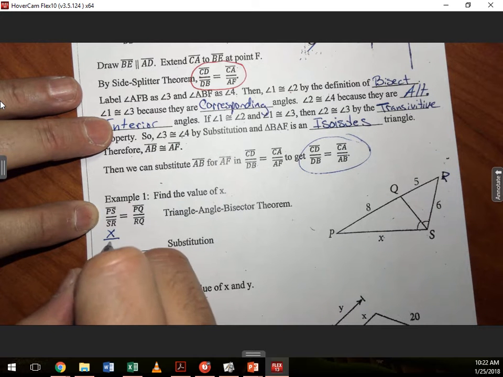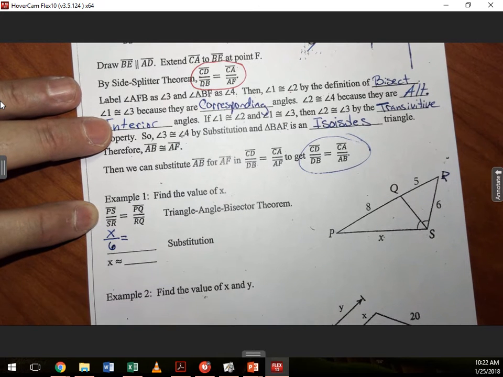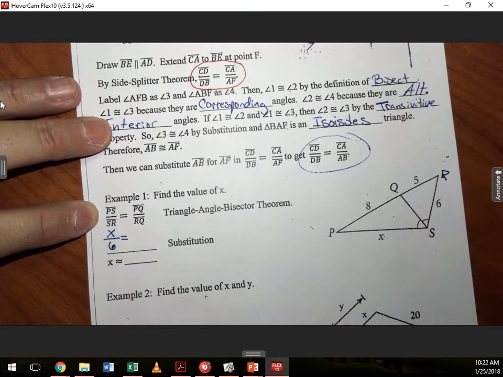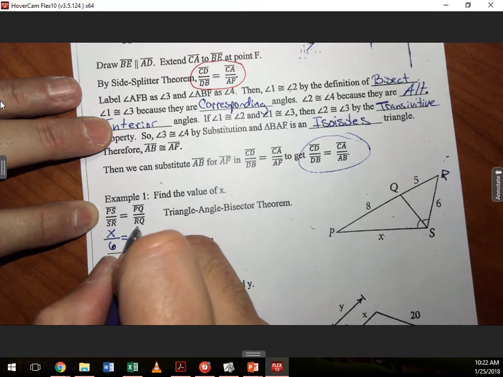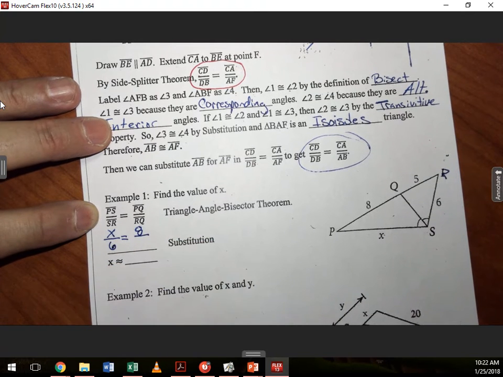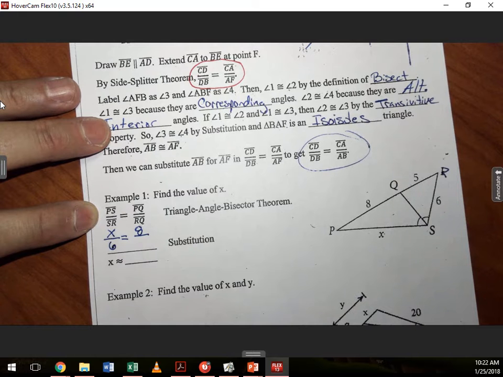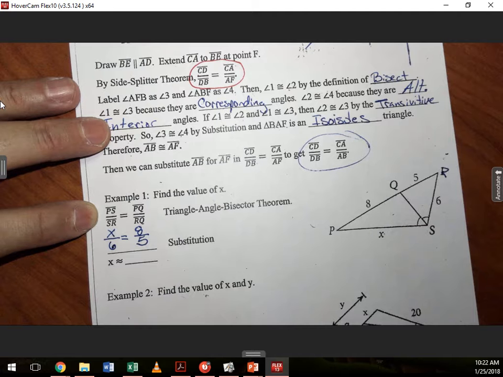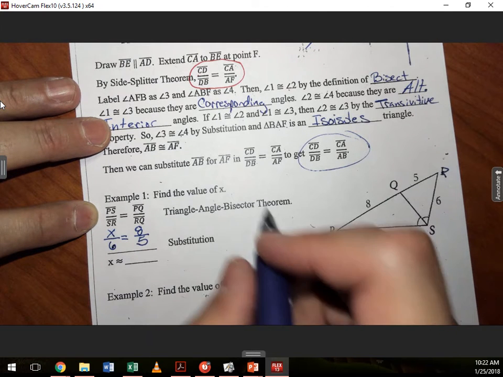It's going to be 6 equals. It says PQ. What is PQ? 8 over RQ. 5. Okay, good. So now that I have that, what am I going to do from here? Multiply cross products, right?